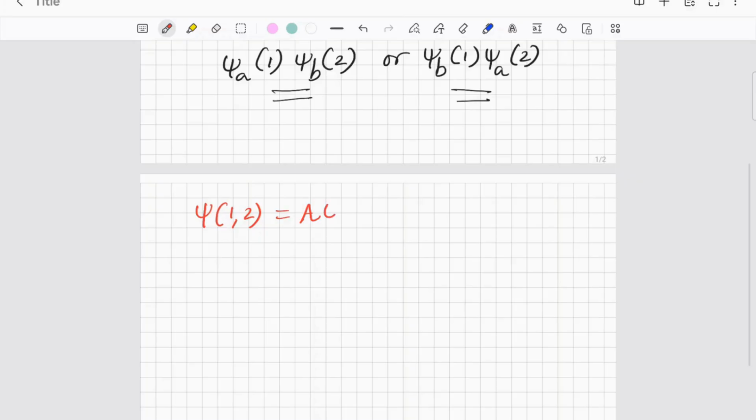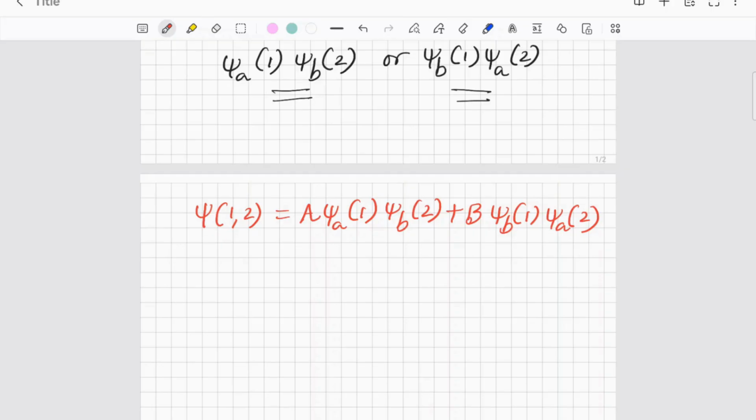It is some coefficient times psi A 1, psi B 2, plus another coefficient times psi B 1, psi A 2. Here 1 and 2 are the labels we have given to our electrons.